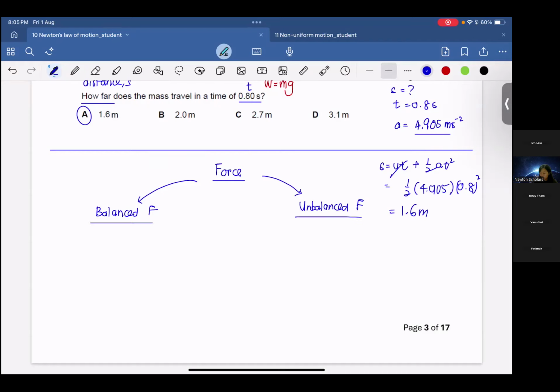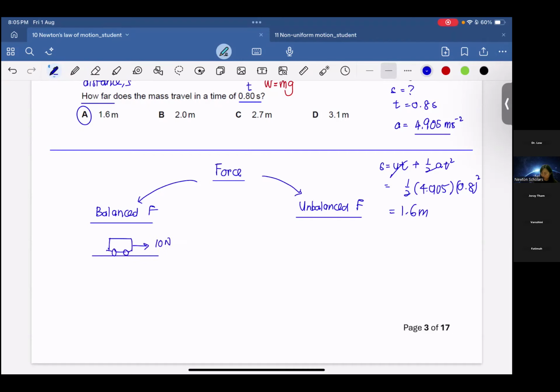Just recall. If the force is balanced, let's say I draw my object like this. Moving here is 10 Newton, moving here also 10 Newton. So I say that my resultant force or net force is 0. The force is balanced.